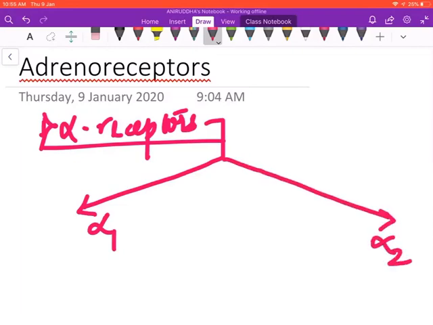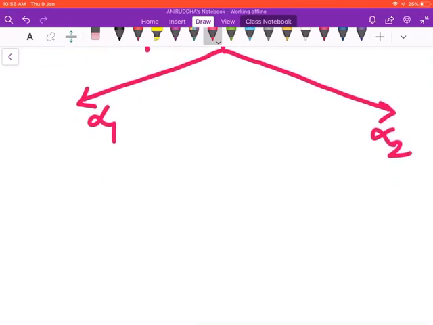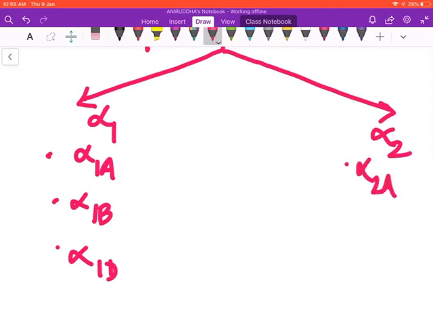Alpha 1 can be broadly subclassified into three types: alpha 1A, alpha 1B, and alpha 1D. Alpha 2 can be broadly subclassified into alpha 2A, alpha 2B, and alpha 2C.